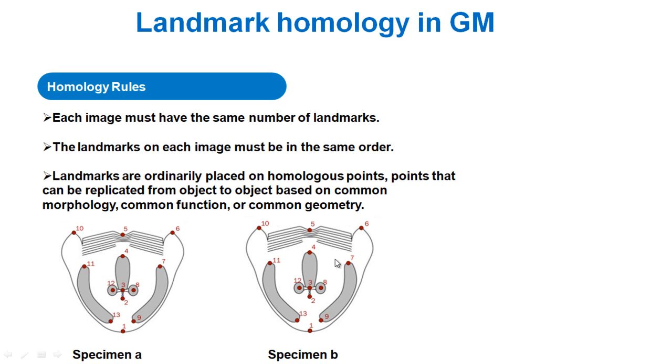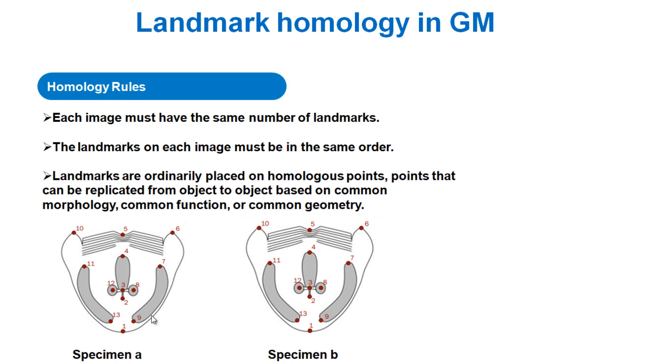The landmarks on each image must also be in the same order, following the same pattern. If you have one here, you must have one here. If you have two here, you must have two here, and the same on all specimens. Landmarks are ordinarily placed on homologous points that can be replicated from object to object based on common morphology, common function, or common geometry.